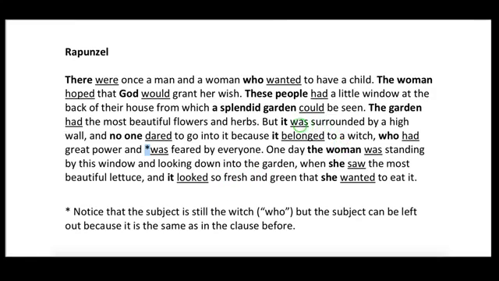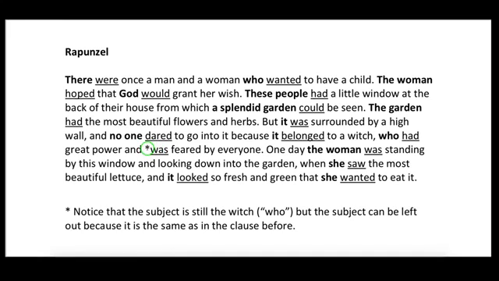Let's read the sentence. It was surrounded by a high wall. No one dared to go into it because it belonged to a witch who had great power and was feared by everyone. In this clause, the subject is the pronoun who, which is the witch. Had is the finite. And in this clause, the subject isn't there.